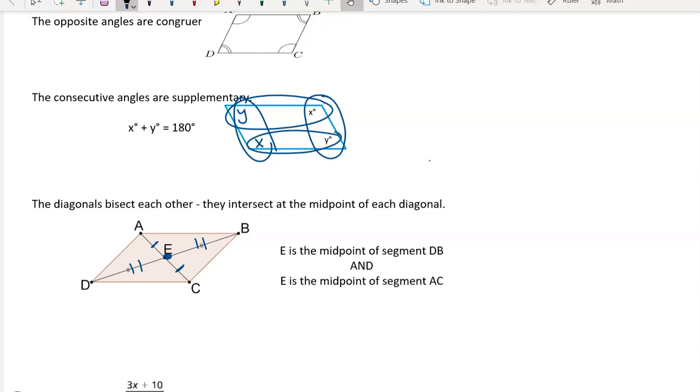So they're not all four the same, but AE is going to be equal to EC, and DE is going to be equal to EB. Okay? So I want you to take a second, pause the video, and get all of those important details written down.